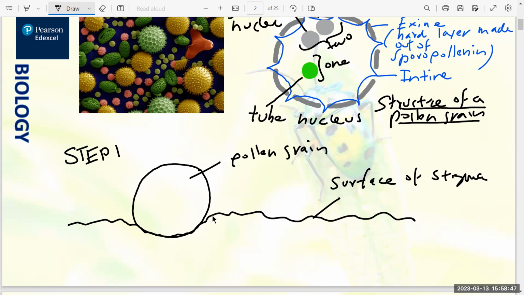So pollen grain can absorb water and maybe some nutrients from the stigma.